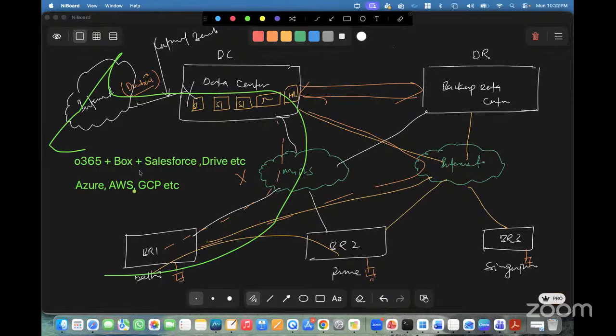So if anything goes wrong in this particular location, what is going to happen? You completely end up with a bad service experience for the customers and users. You're going to lose the business. You're going to have a not very good user experience because of bad latency. So this is going to give poor application performance because everything is sent via your data center, and that is going to become your bottleneck.